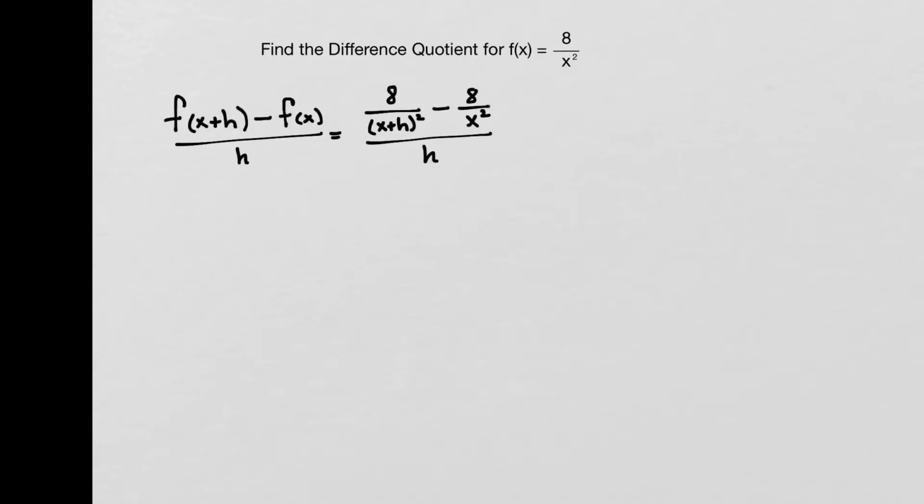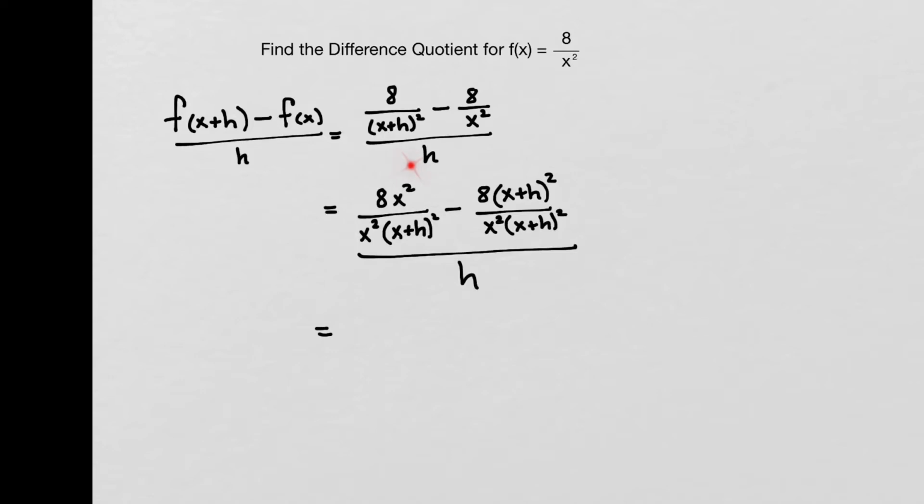Now, I've got f of x plus h minus f of x all over h equals 8 over the quantity x plus h squared minus 8 over the quantity x squared, and that's all over h. So at this point, I want to simplify the numerator, and since I have two fractions in the numerator, I'm going to find the least common denominator and then combine those two together.